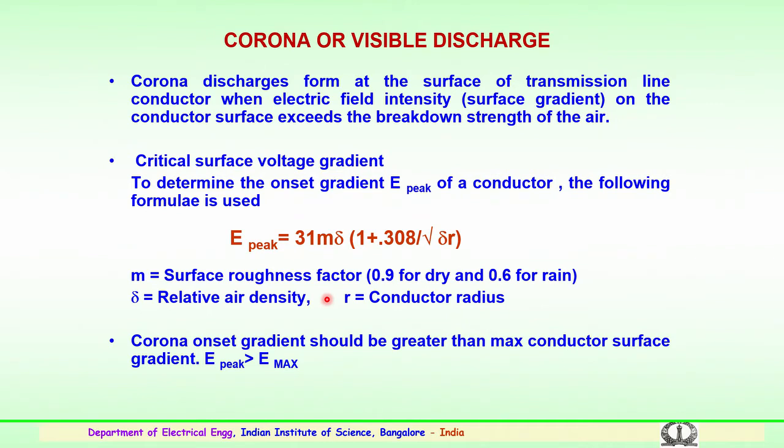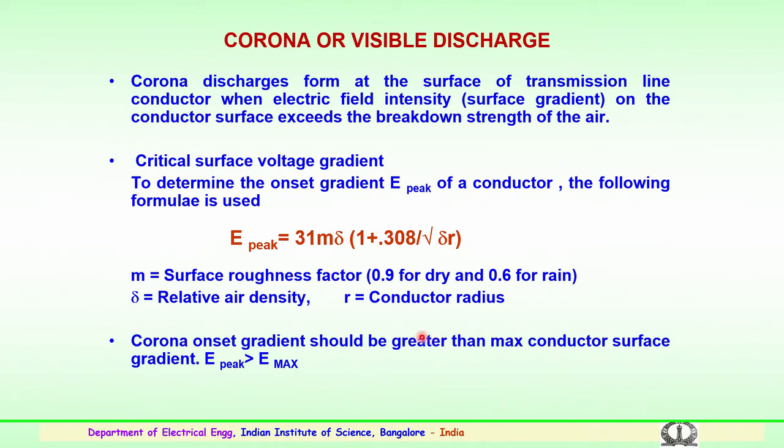The conductor surface roughness factor for calculation in case of dry conditions is normally assumed to be 0.9, and in case of wet, rain or fog conditions, the surface roughness factor employed is usually 0.6. So, delta is the relative air density and r is the conductor radius which is used for the transmission or distribution.